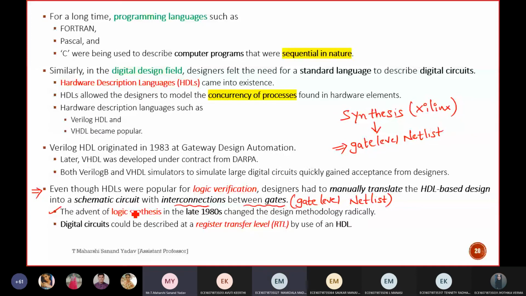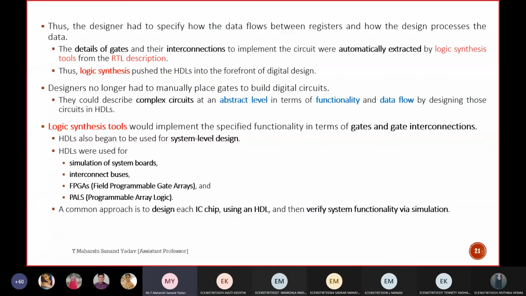The advent of logic synthesis in the late 1980s changed the design methodology radically. Digital circuits could be described at a register transfer level by use of an HDL. Done. So this is based purely on theory. Next.